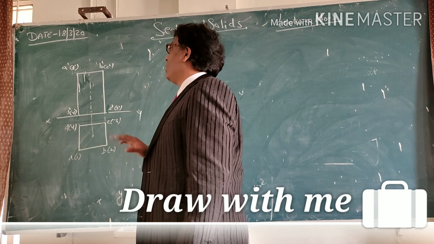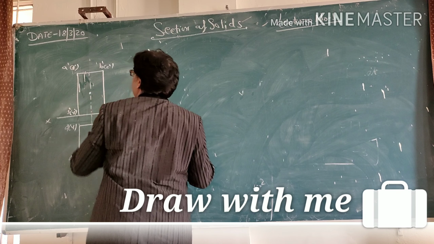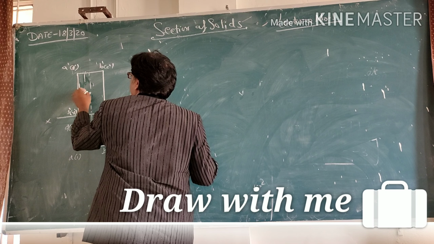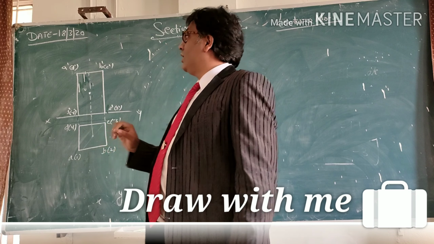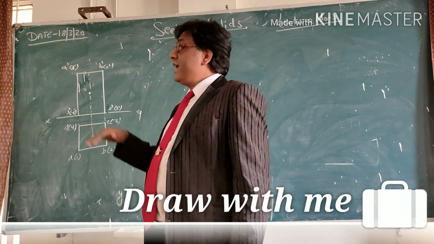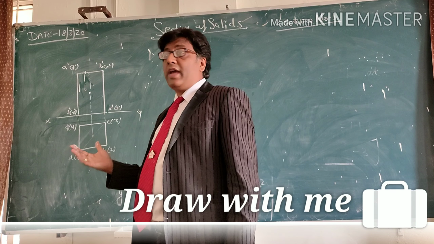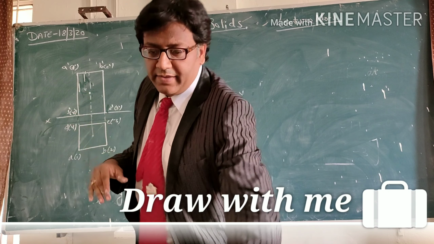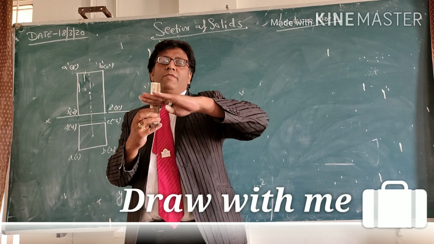It bisects, which means half of this axis: this is 60 and this is the point here at 30, and this is the center C. We are cutting this square prism like this at the half of the axis.